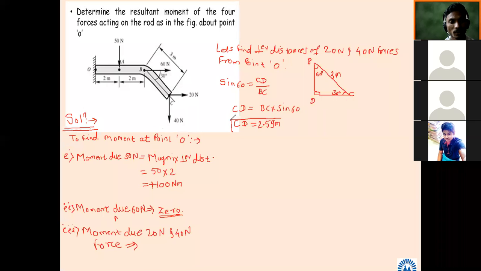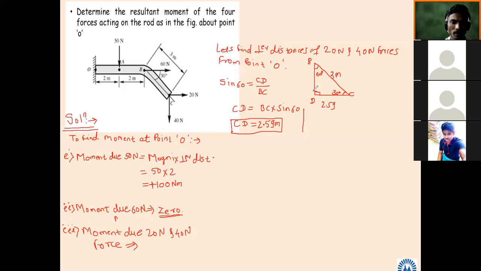So this distance we have calculated. Another one: if I want to calculate the BD distance, which angle do I have to apply here? Sin 30 degree is equal to BD upon BC.